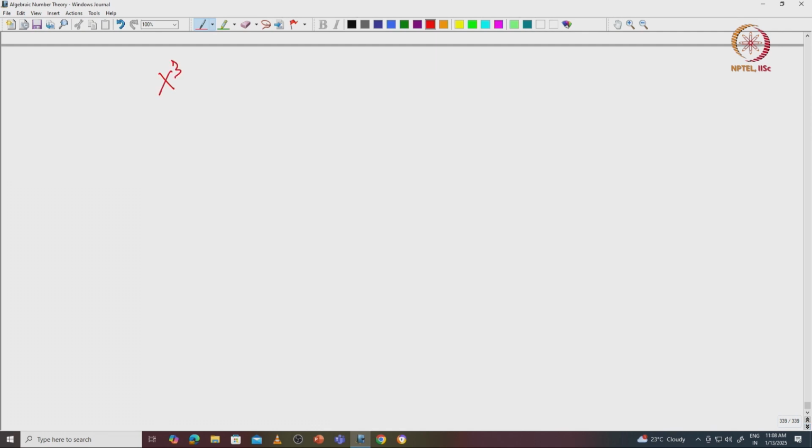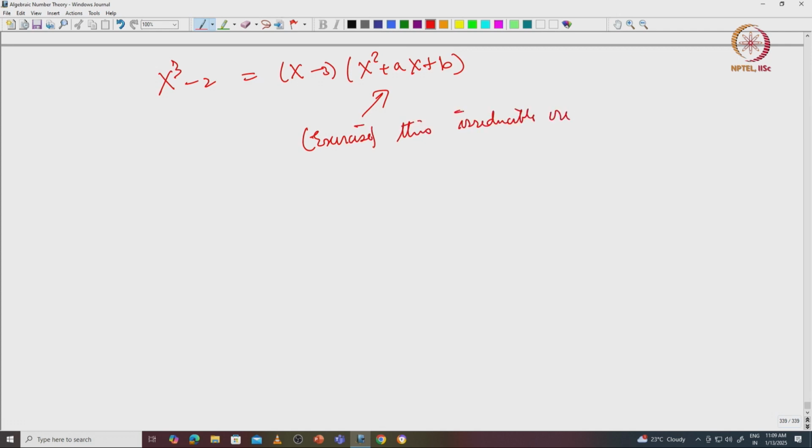Therefore, x cubed minus 2 is (x minus 3) times some quadratic polynomial, which I will not try to find, but here is an exercise, if you do not believe me, that this is irreducible over F_5. Okay. And so, if you take 5 O_L, this will be P1 times P2.